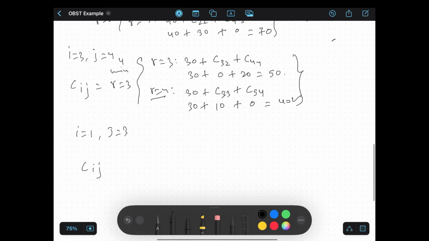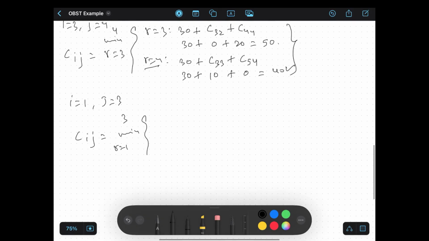So our cost ij is equal to minimum of 1 to 3, which means our R is going to be R equal to 1, R equal to 2, and R equal to 3.